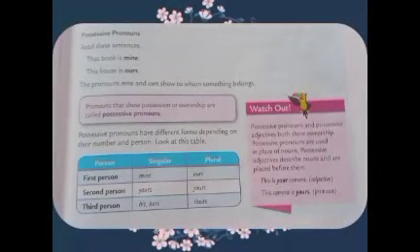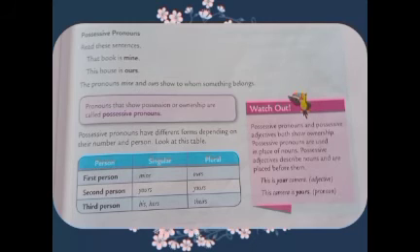Possessive pronouns. The last one is possessive pronouns. What are possessive pronouns? If you are talking about ownership, that is possessiveness. The pronouns that show possession or ownership are called possessive pronouns. And what is the difference between possessive pronouns and possessive adjectives?